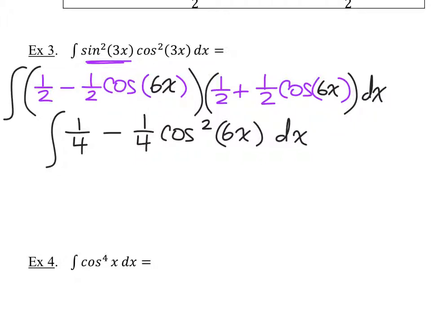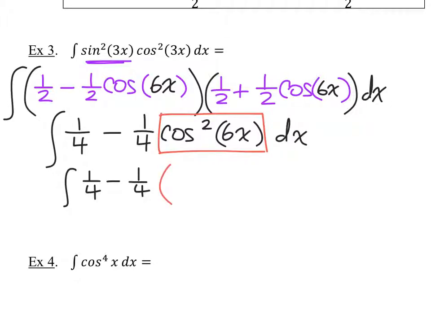I just have to go a little bit further, because I still have a cosine raised to the second power. So let me apply this substitution a second time. I'm going to have 1/4 minus 1/4 times, what am I going to replace cosine squared 6x with? Yeah, 1/2 plus 1/2 cosine 12x.